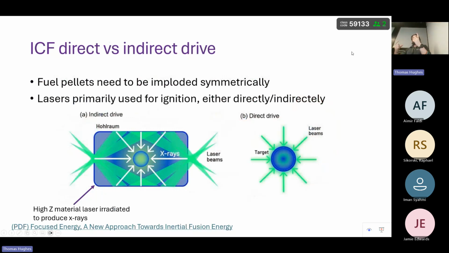This could be a very high Z material, so you're looking at something like gold. This will be irradiated by the lasers and produce X-rays because of the amount of energy, and then those X-rays will have the energy to deposit into the pellet and ignite the fuel.